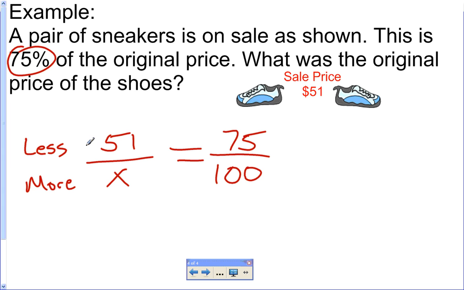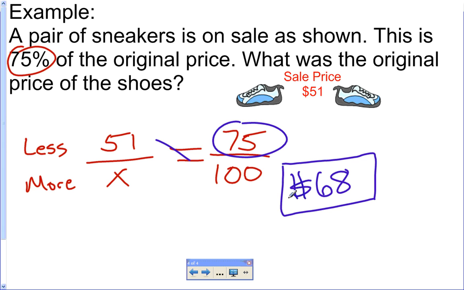So my smaller amount goes on top, the bigger amount will be on the bottom. Cross multiply and divide. So 51 times 100 divided by 75, and my calculator says $68.